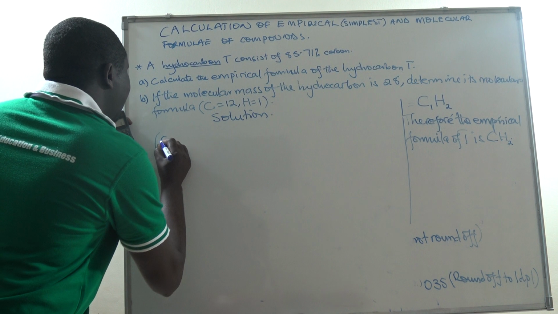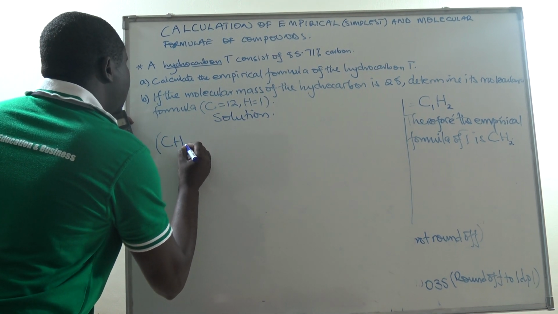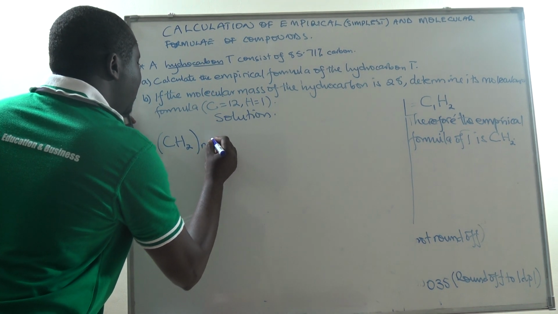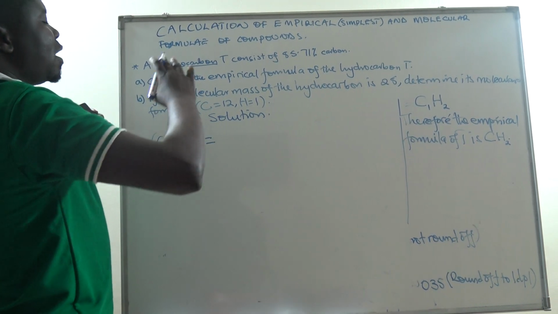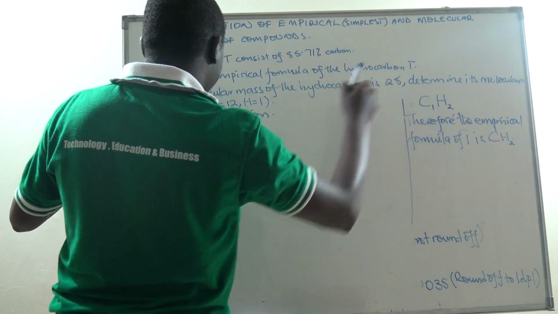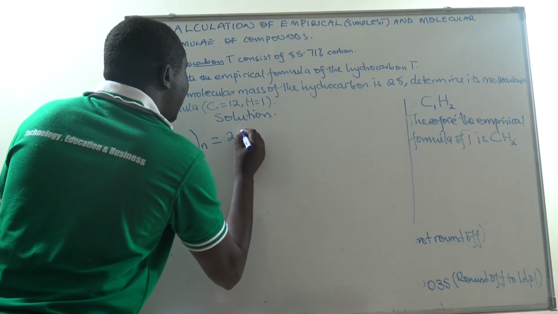So our molecular formula is CH2. If we multiply it by some value n which we don't know, it must give us the molecular formula whose molecular mass has already been given to be 28. So this one must give us 28.